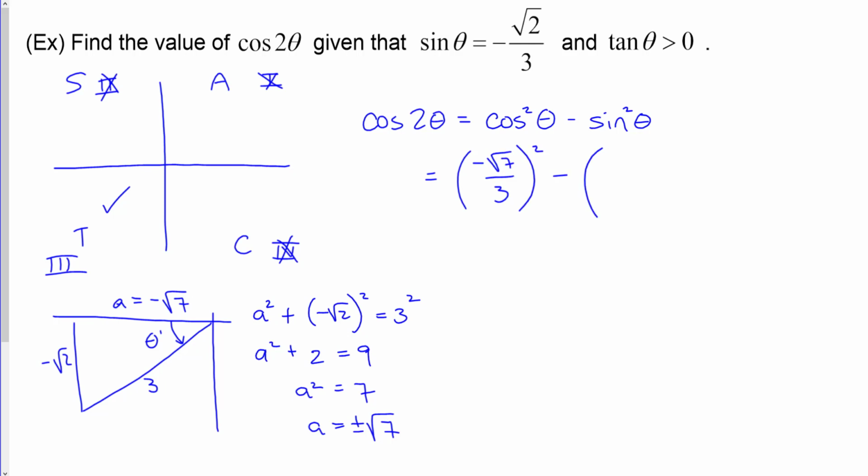Minus sine squared theta, so it's negative root 2 over 3, and then we square that value. The negative square root of 7 squared just becomes 7 over 9, minus 2 over 9. So 5/9 is the final answer here.